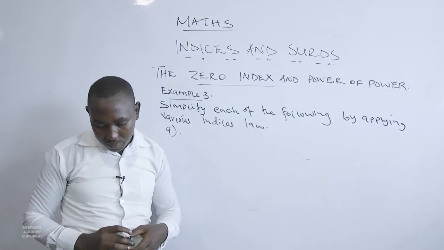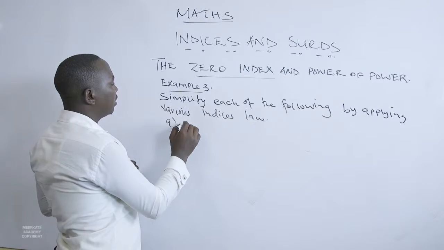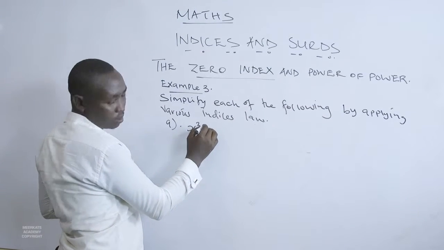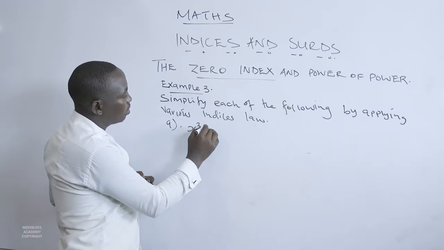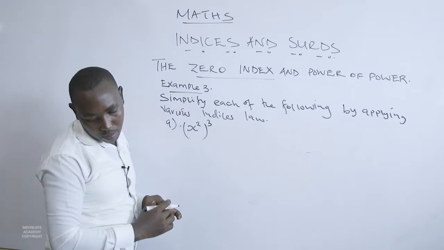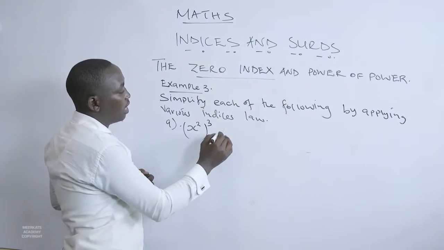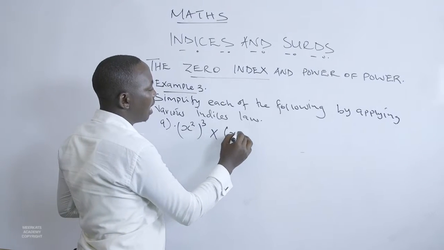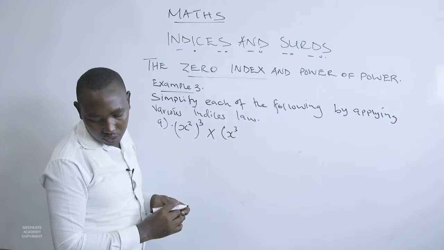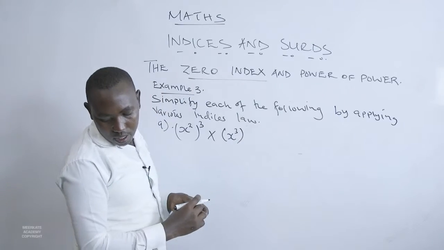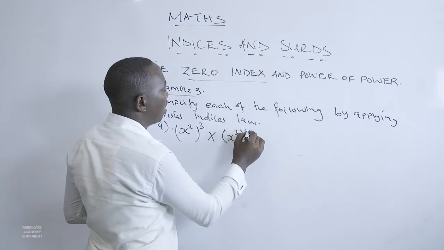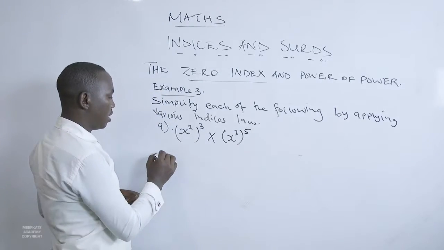Number 1, we have x raised to the power of 2, the whole of it raised to the power of 3, multiplied by x raised to the power of 3, the whole of it raised to the power of 5.